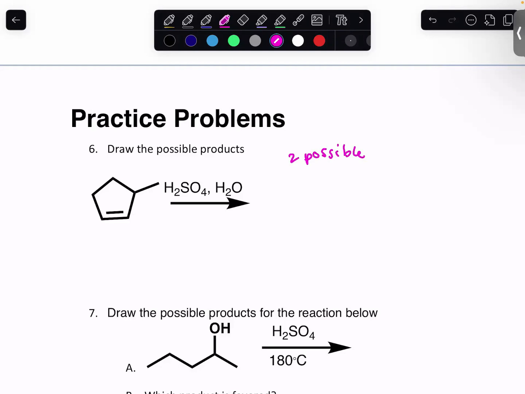To what? We're going to add an alcohol. Where are we going to add an alcohol? No, not quite on the methyl. What's the other functional group we see here? Yes, you'd get rid of the alkene. So we're going to get rid of this and we're going to add an alcohol.